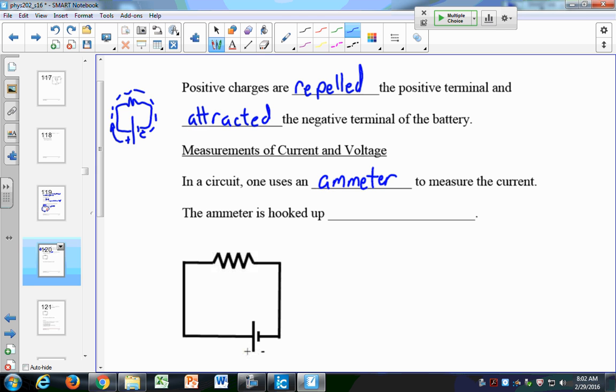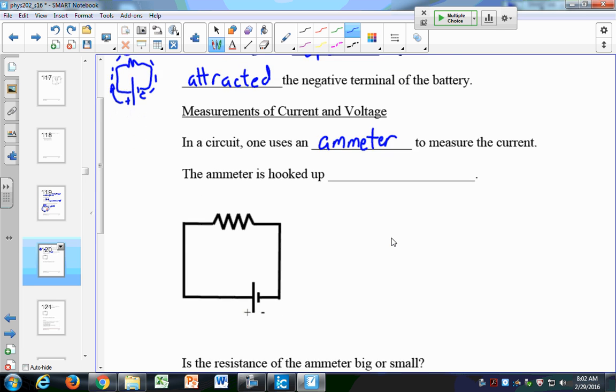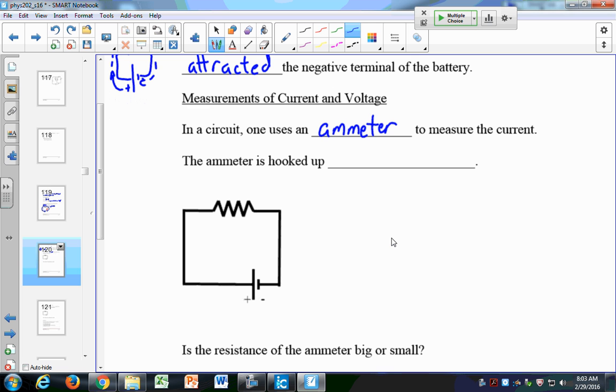In general, when you measure things, the ammeter is hooked up in series with the resistor. So here, for example, if I have this circuit and I want to know what is the current in this resistor, then in order to find that current, I would put an ammeter in the circuit.